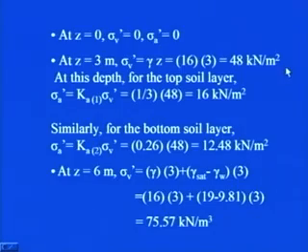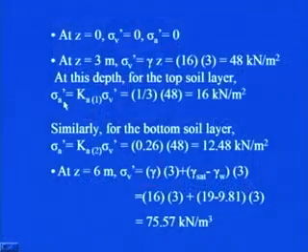Just at the top of this location of the water table, for the top soil layer, sigma a prime will be Ka1 into sigma v prime. Sigma v prime we have found to be 48 and Ka1 is 1 by 3, so 48 into 1 by 3 results in 16 kilonewton per meter square.